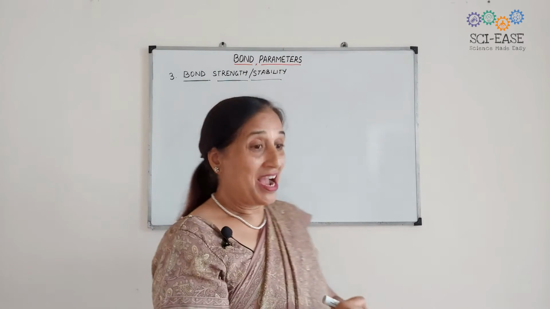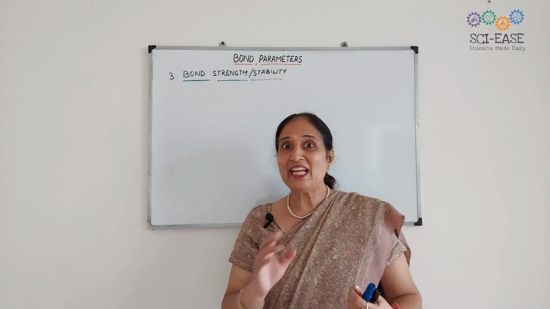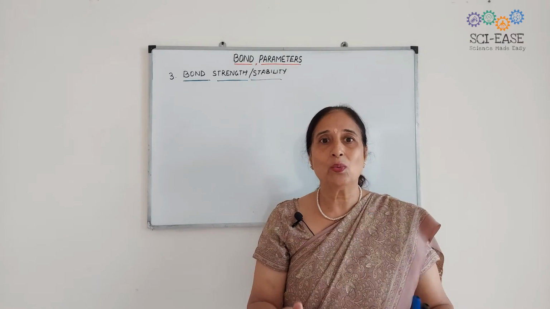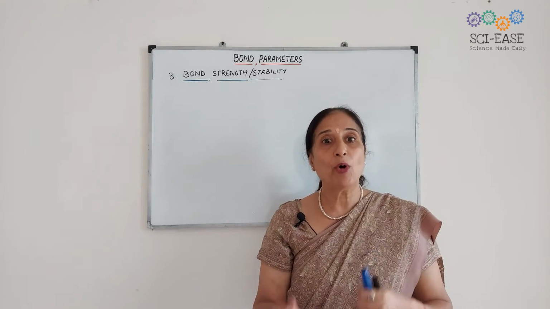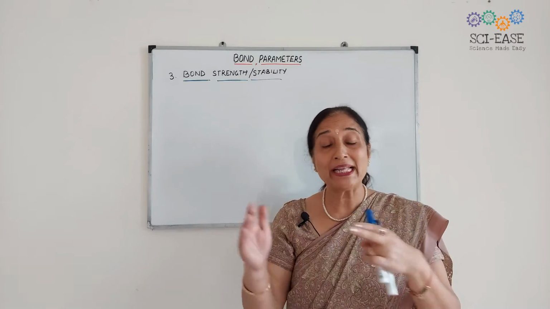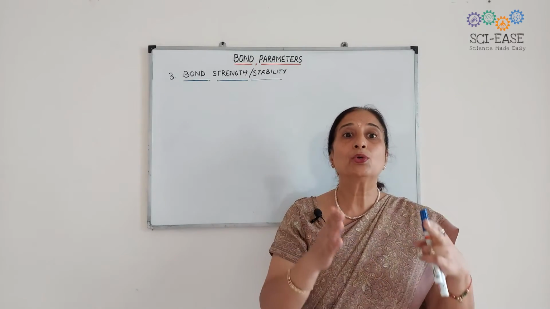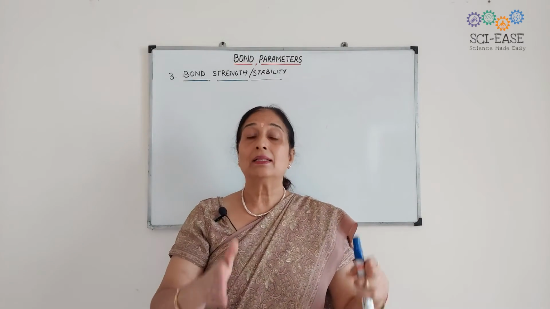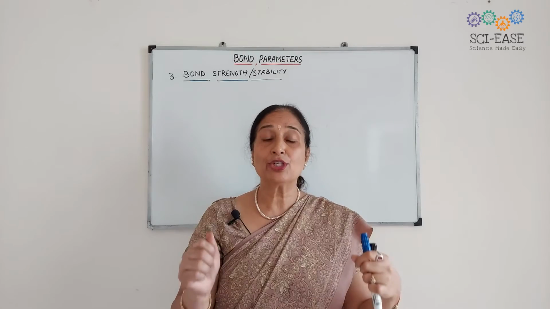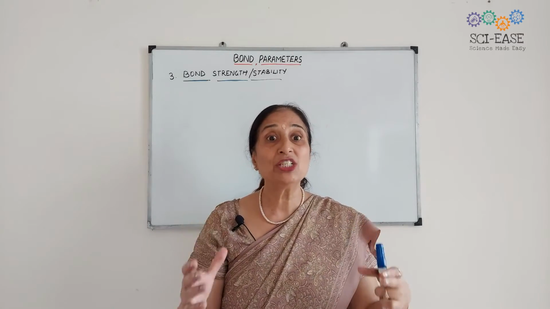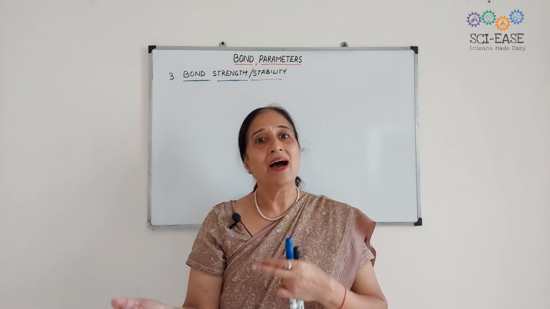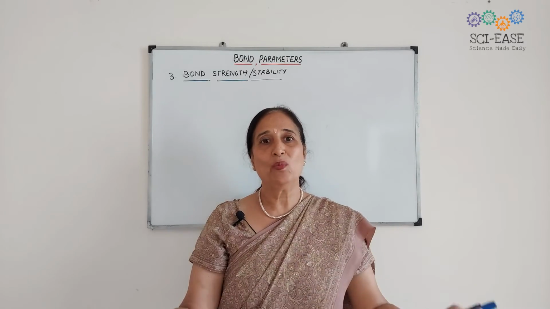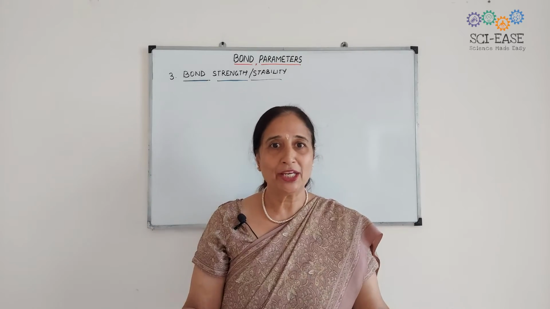How? I have told you that in case of triple bond, more energy is required to break the bond, or you can say more bond enthalpy is required to break this triple bond. So this means that nitrogen bond strength is much more than hydrogen bond strength. So more stable will be the molecule.